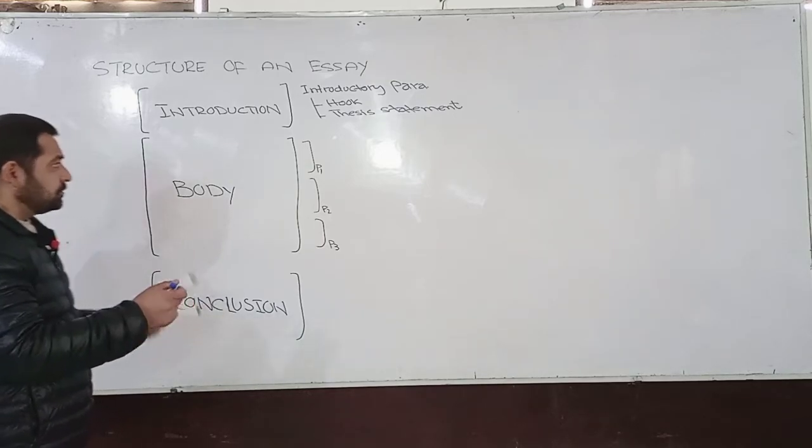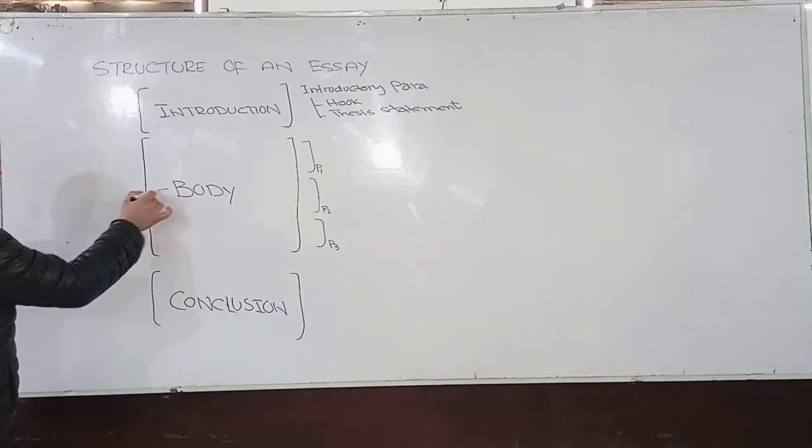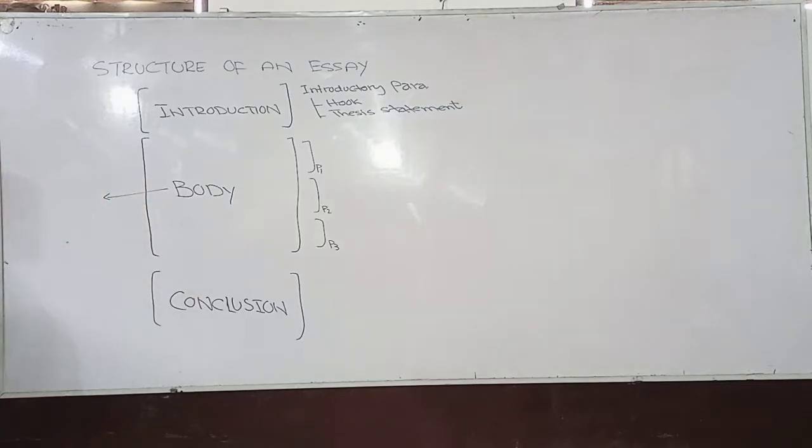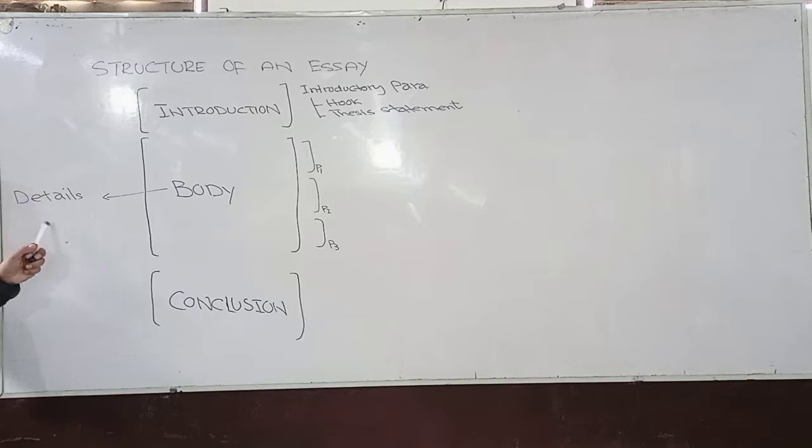All right. So, by the way, the body of an essay is the place where you give details about the subject you are writing. So you have to tell yourself that the body of the essay is the place where I have to give details.